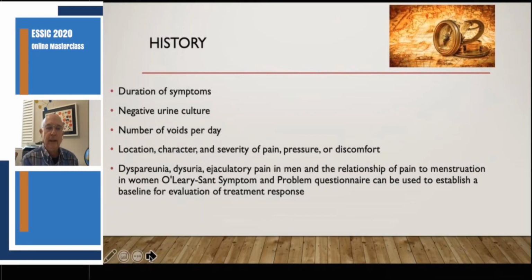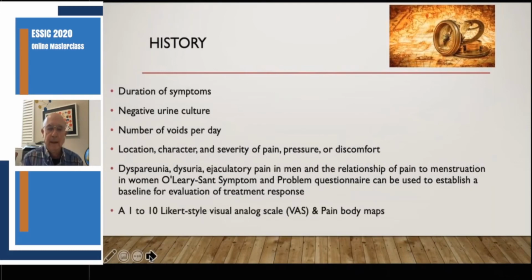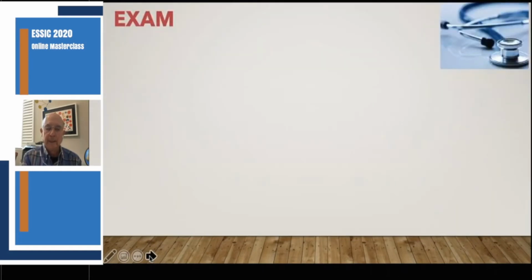We use the O'Leary symptom and problem questionnaires not to make a diagnosis, but rather to follow patients in terms of their treatment response to various interventions. Also, we use pain scales and pain body maps. A Likert scale or a numerical rating scale are very helpful.